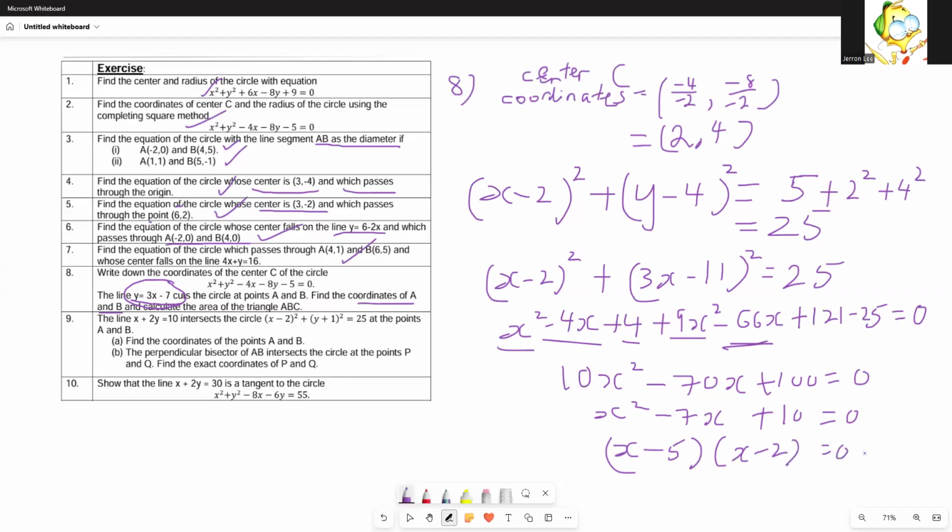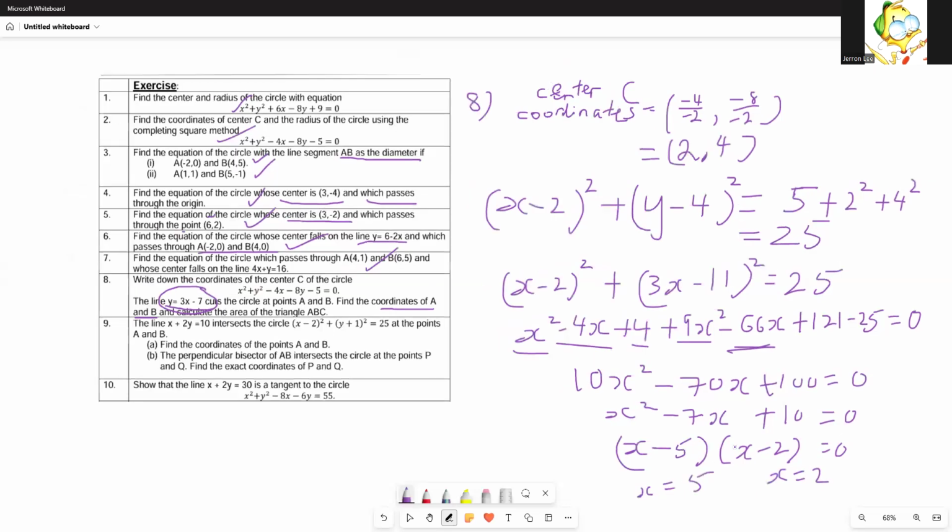So you have x squared minus 2x and minus 5x. And in your case now, x could be equal to 5, x could be equal to 2. So basically you can see that the x coordinates for A and B are as such. You have got 5 and 2. And of course you can now substitute because you know the relationship. It is actually y equals 3x minus 7, right? So now let's go for x equals 5.